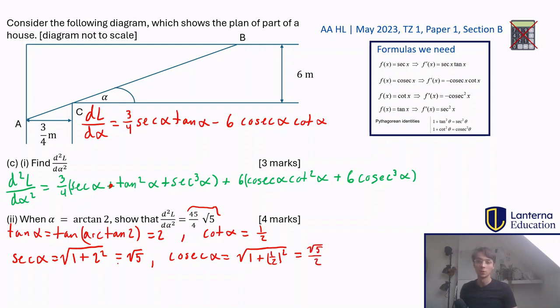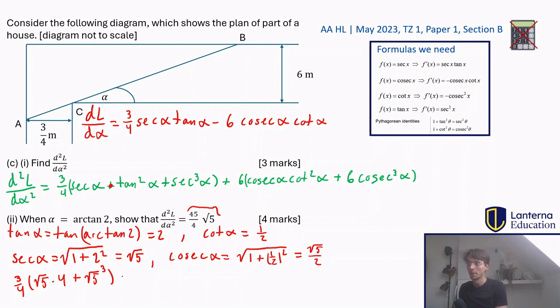And now all that's left to do is to insert all of these numbers into our double derivative, and hopefully it equals 45/4 root 5. Let's see. So we got 3/4 sec alpha, that was root 5, times tan squared alpha, so times 2 squared, which is 4, plus sec alpha cubed. Sec was root 5, so root 5 cubed.